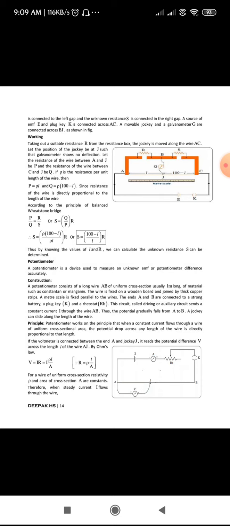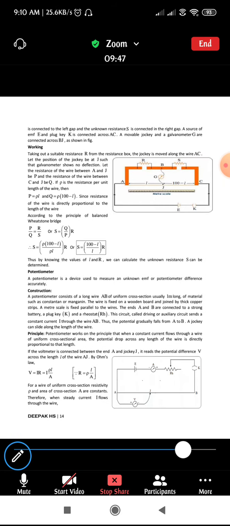Here, let me explain the components, or the apparatus, of this experiment. As I said, you have a 1 meter scale, which is between A and C. You can see the orange color is the metal strips we have taken.